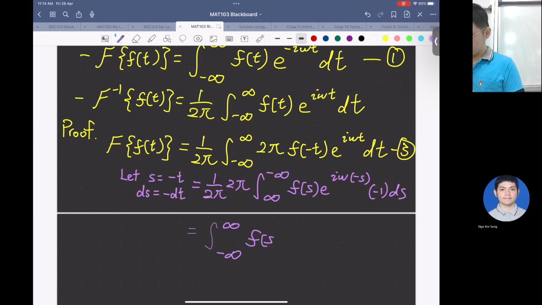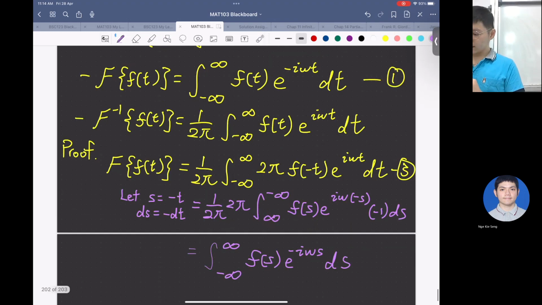So you get f(x) e to the i omega minus x dx, which is the same as equation 1. We just change the dummy variable of t to x. Does everyone follow? Okay.